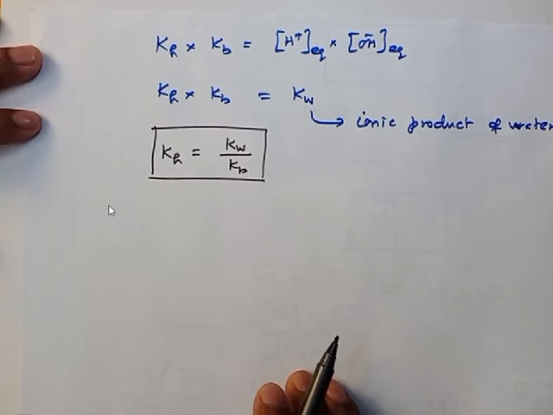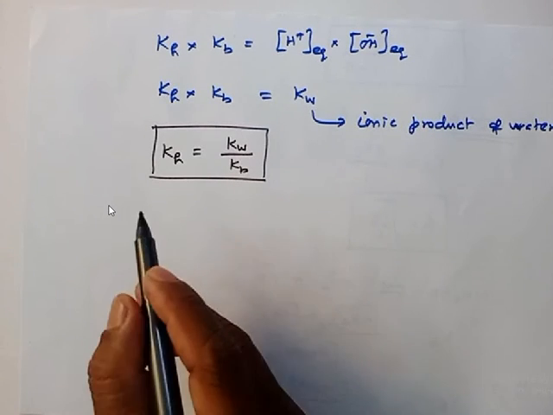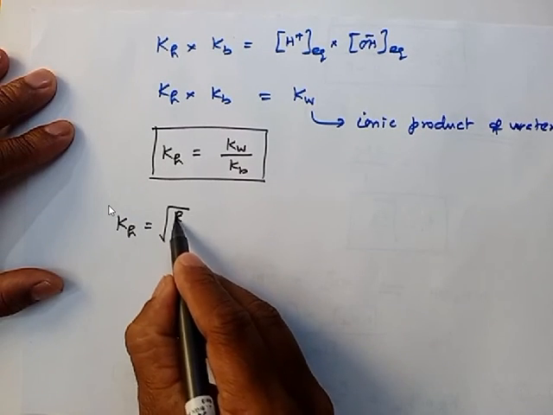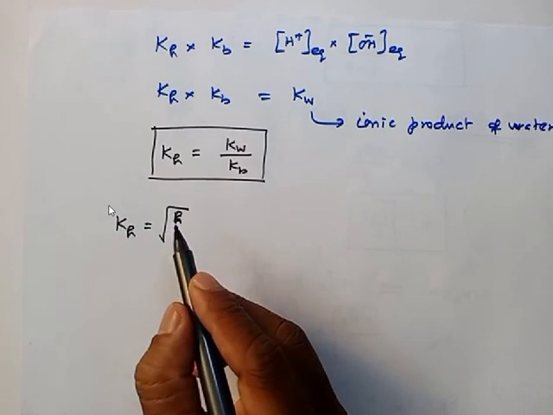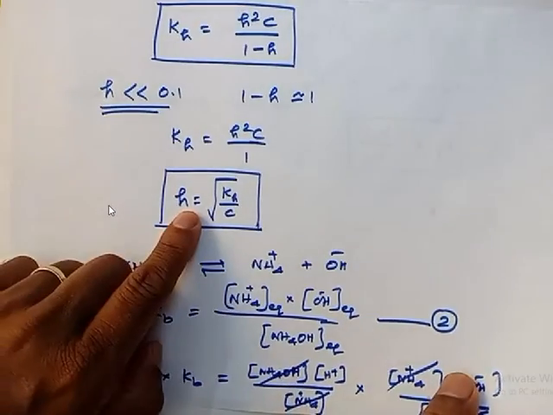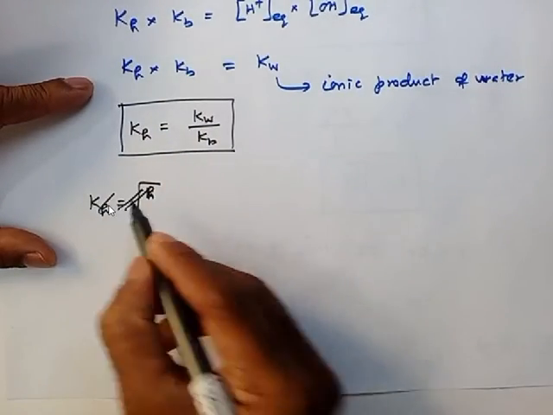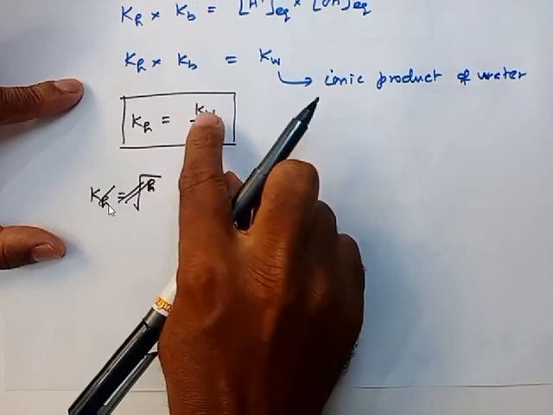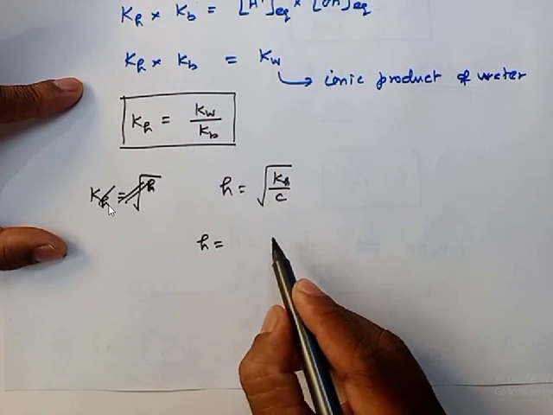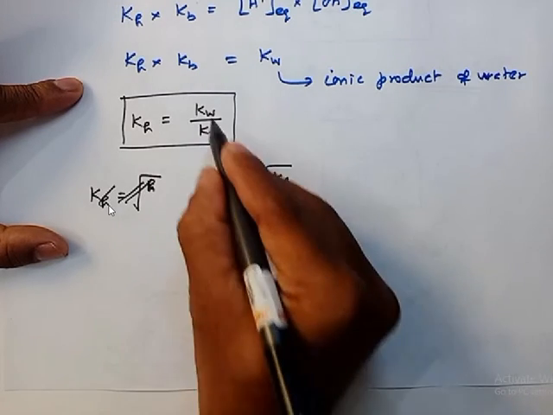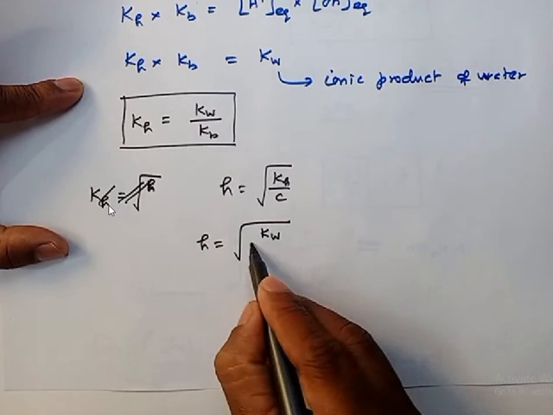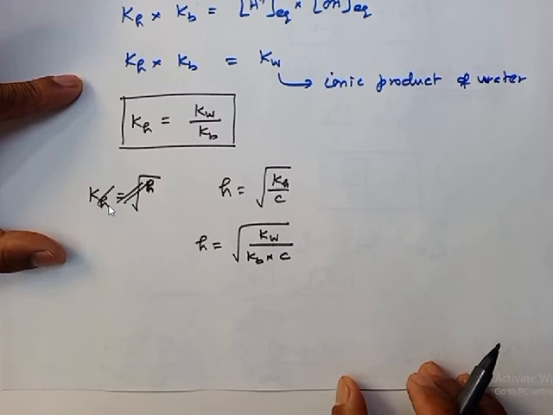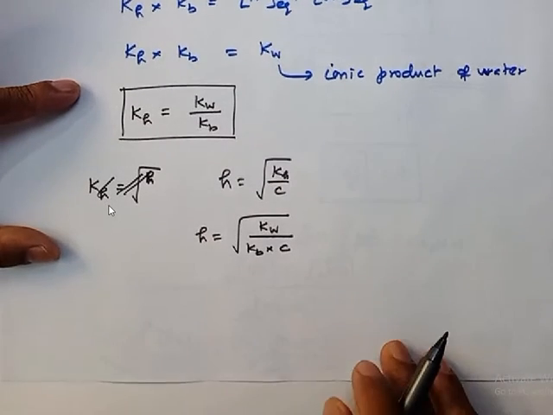Now we also know from the previous page that h is equal to square root of KH by C. In the place of KH, if I substitute this, we get h is equal to square root of KW in the numerator divided by KB into C. This is the expression for h, the degree of hydrolysis.